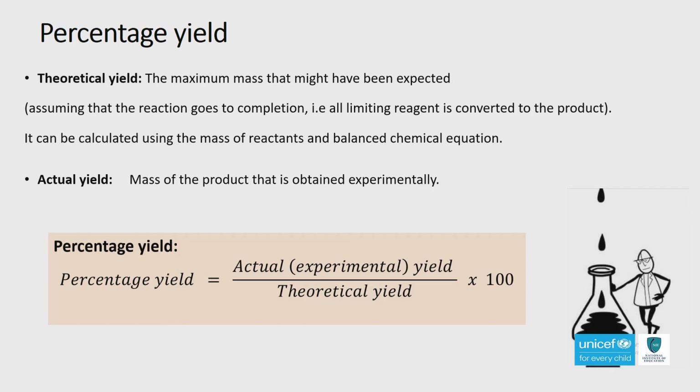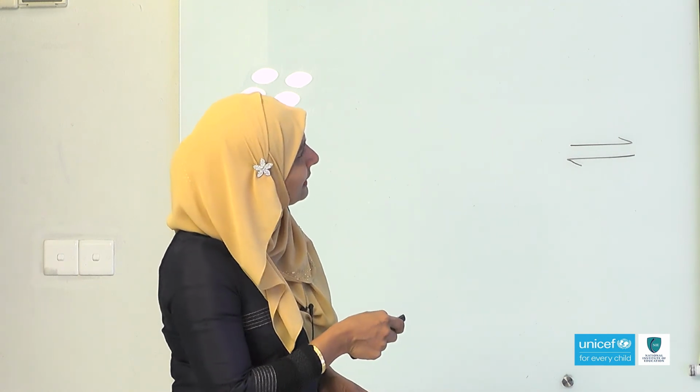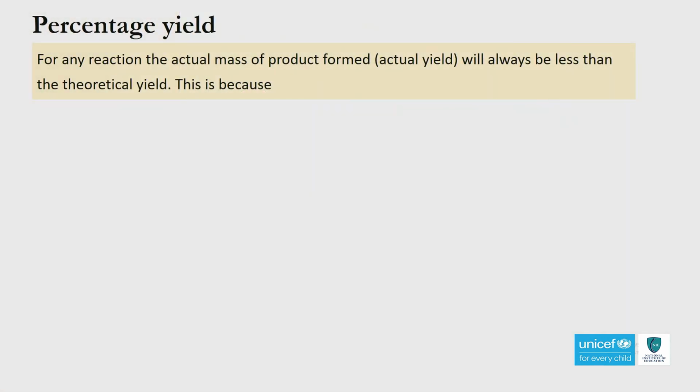In most calculations, the actual yield will be given to you, and then you will have to work out the theoretical yield. You need to know that actual yield is always less than the theoretical yield, because theoretical yield is how much you are expecting in theory, right?